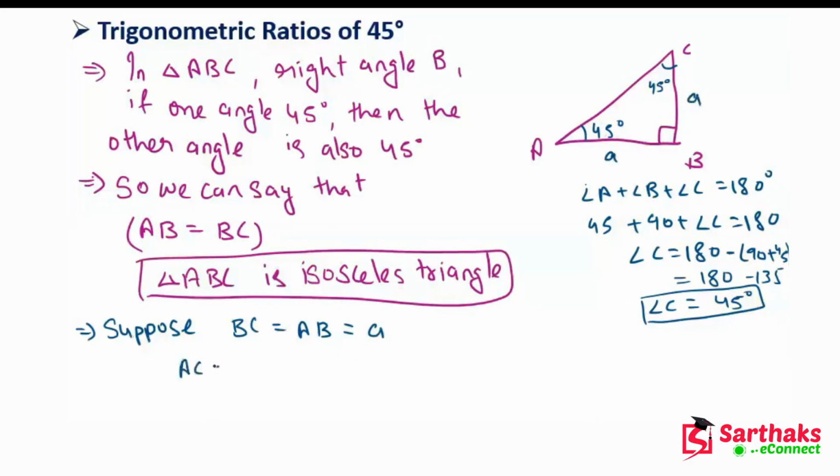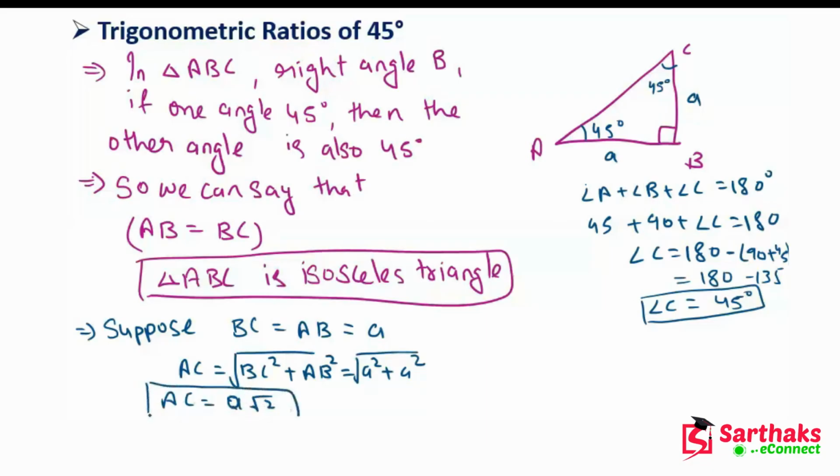The value of AC is equal to the square root of BC square plus AB square, meaning the square root of A square plus A square. So it will become A root 2. So the value of AC is A root 2. My dear friends, understand?